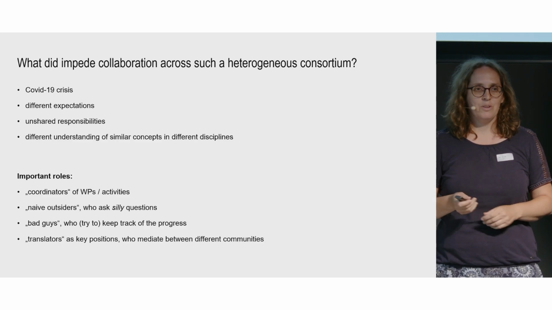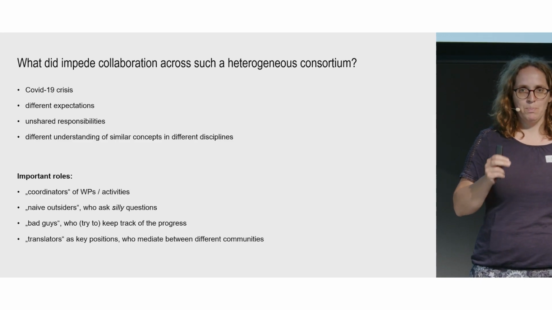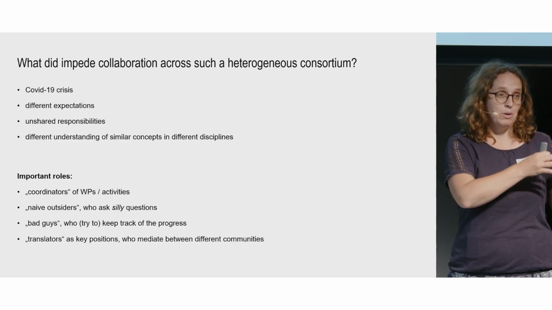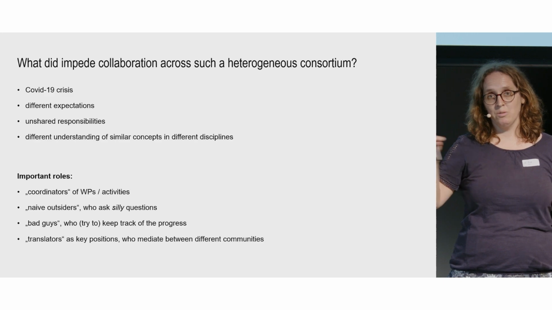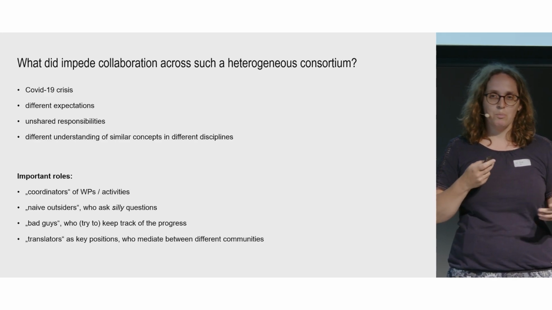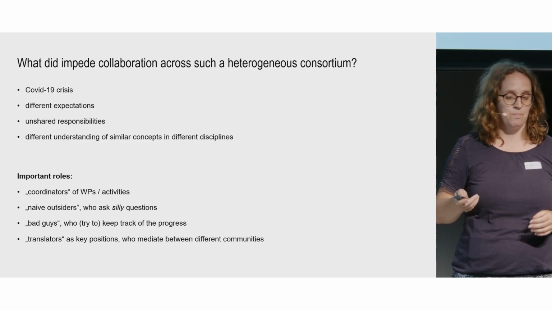But I also think it's important to have these kind of translators, people that bridge the different communities and that know about both communities and somehow can tell you how you can move in both communities and talk to people in both of them.